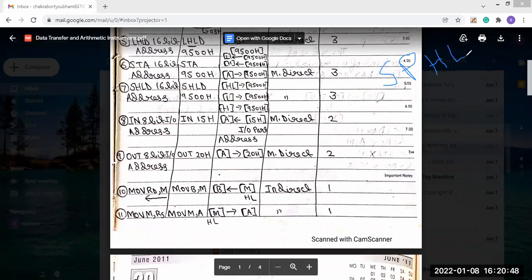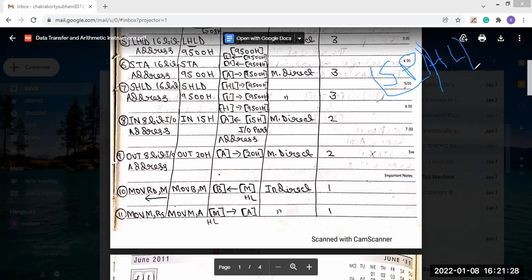It is similar to XCHG, but here it mainly moves the content present in the HL register pair to the SP register.